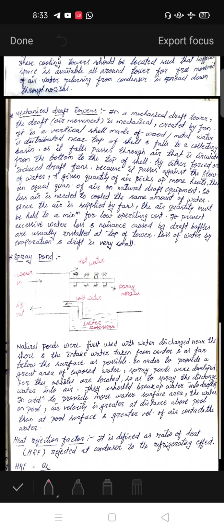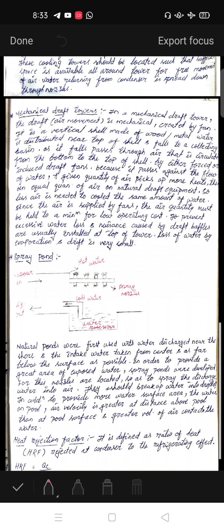In order to provide a greater area of exposed water, spray ponds were developed. For these, nozzles are located so as to spray the discharged water into the air. They should break up the water into fine droplets but not into mist, which would easily drift off. So this is the basics of the spray pond.